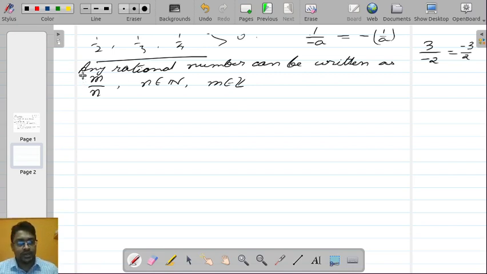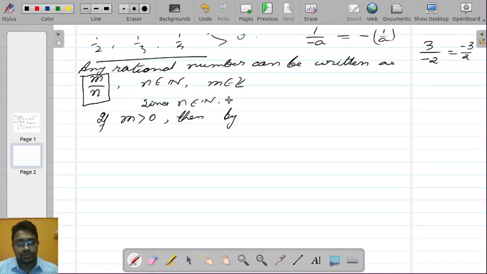So any rational number can be written in this form, where the numerator is an integer and the denominator is a natural number. Let us see under what condition a rational number written in this form will be positive or negative. If m is greater than 0, then since n belongs to the natural numbers, 1 by n is greater than 0.